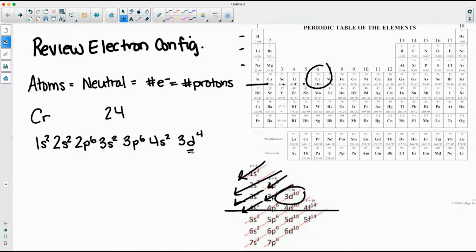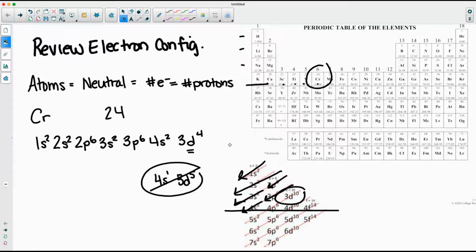Now, there are some exceptions on the periodic table. This video is only for the strict followers of Aufbau. And chromium doesn't actually exist like this. Chromium is an exception, which is 4s1, 3d5, but for AP chemistry, you wouldn't be asked that.